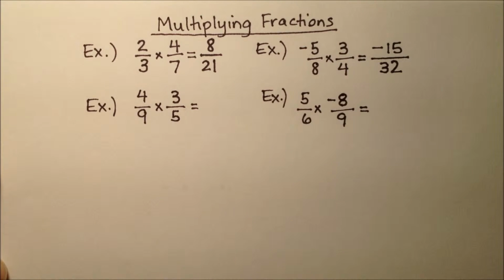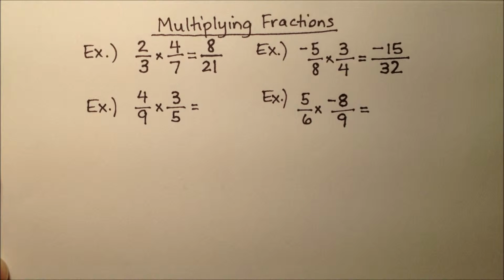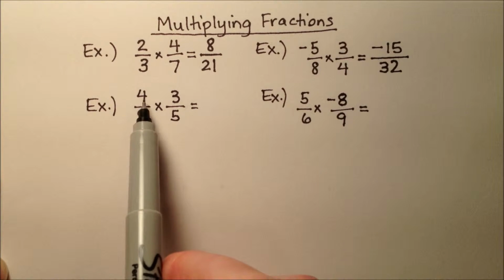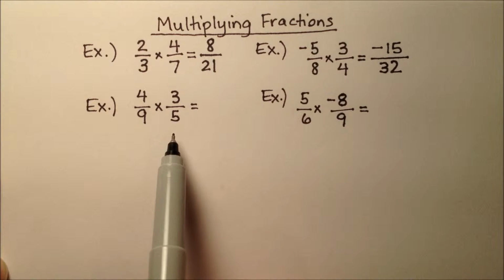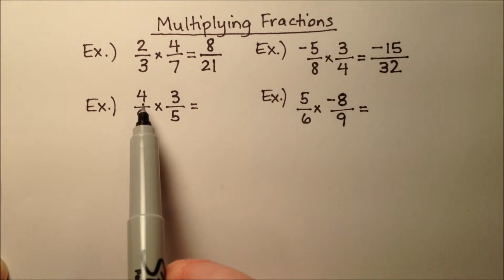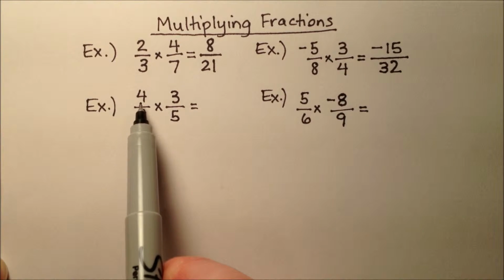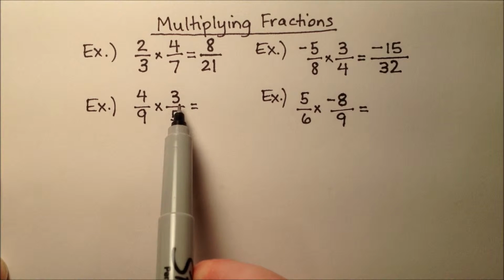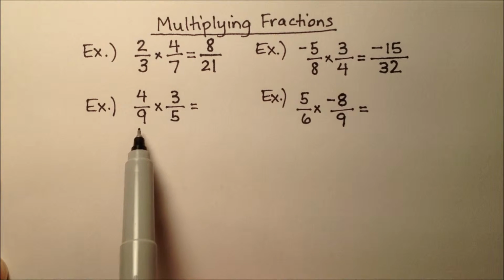When multiplying fractions, there are times when you can cancel out common factors between something in the numerator and something in the denominator. In our first example, we have 4/9 times 3/5. Factors of 4 include 2 and 2, and factors of 3 are 1 and 3. Factors of 9 in the bottom include 3.